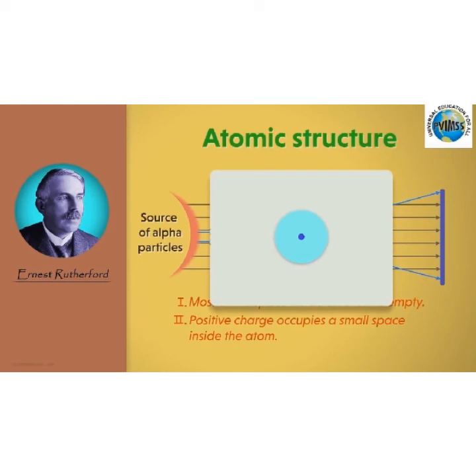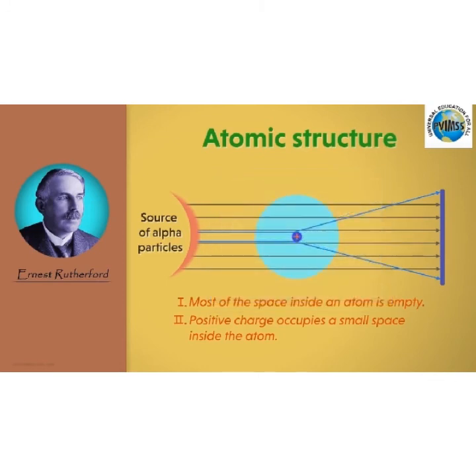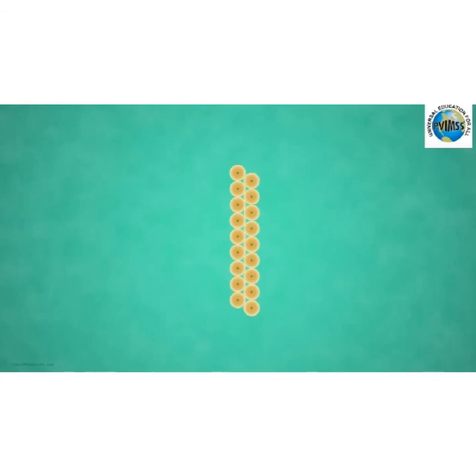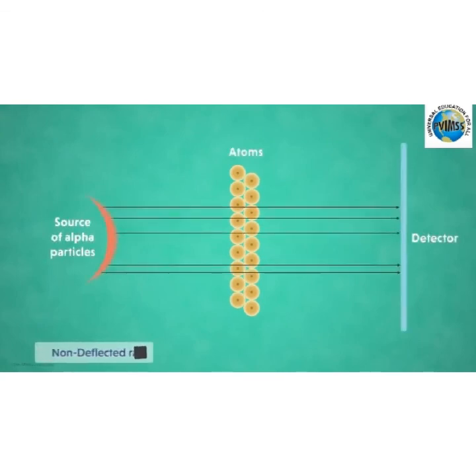And the center is small because only few particles bounce back. If the center were big, many alpha particles would bounce back. In a gold foil, many alpha particles pass straight through it, few get deflected and very few bounce back.